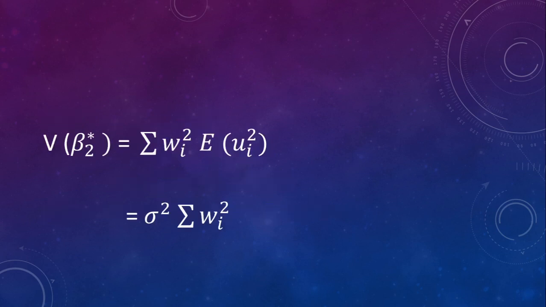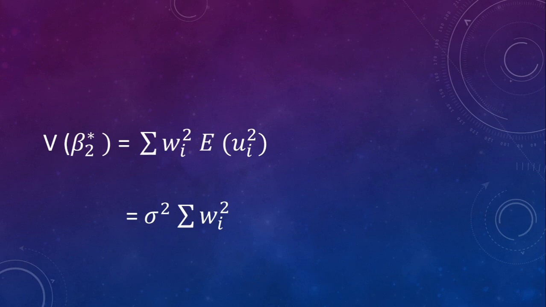So variance of beta 2 star is equal to, as in the case of beta 2 hat, sigma wi square into expected value of ui square. In the case of beta 2 hat, variance of beta 2 hat is equal to sigma ki square into expected value of ui square.